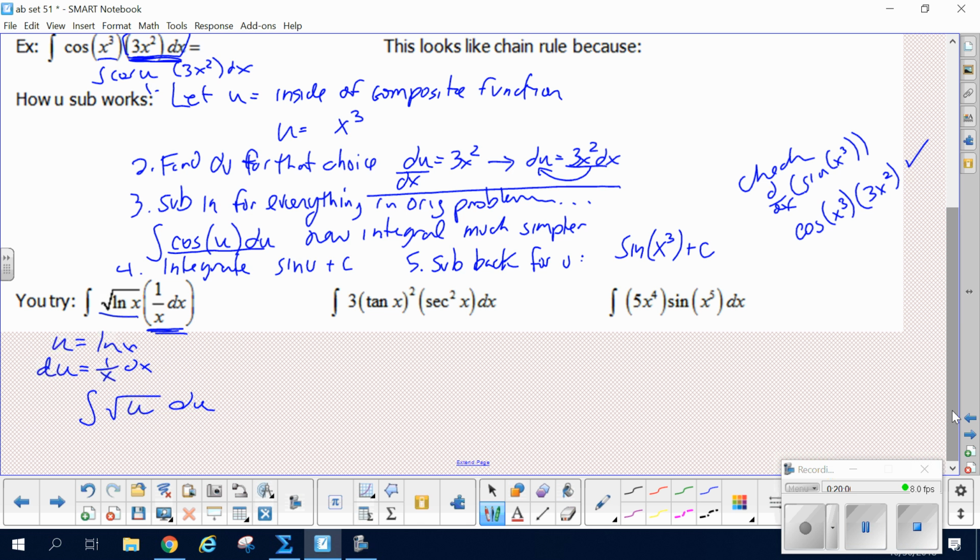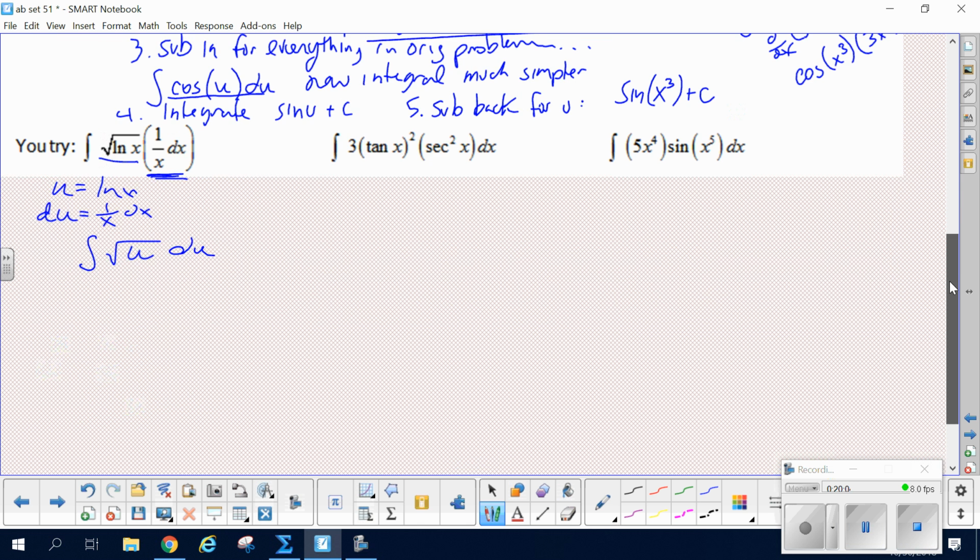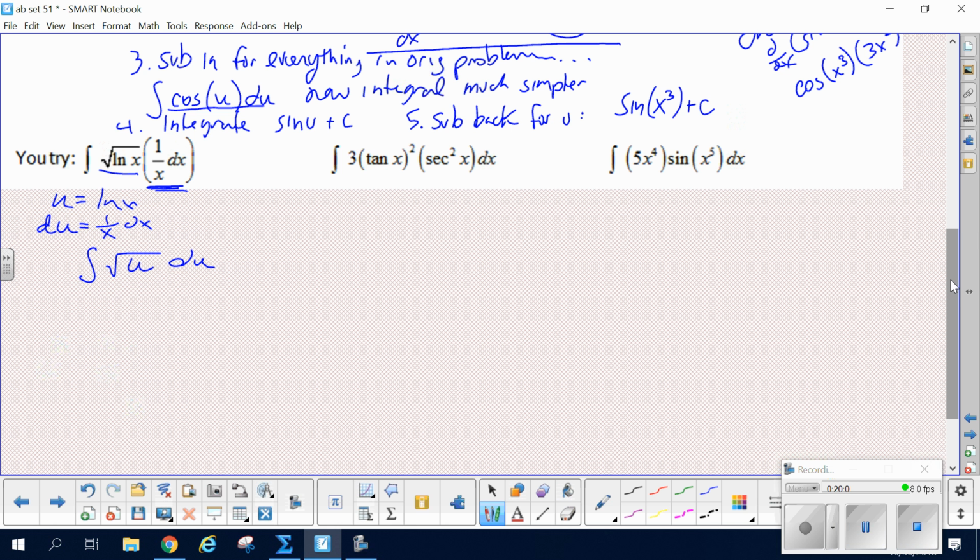That then is a much easier integral, and that is very much the objective: to strip away the inside piece and get a cleaner piece. u to the 1/2, by the power rule with the antiderivative, u to the 3/2, and then divided by 3/2 or times 2/3. Do you agree?